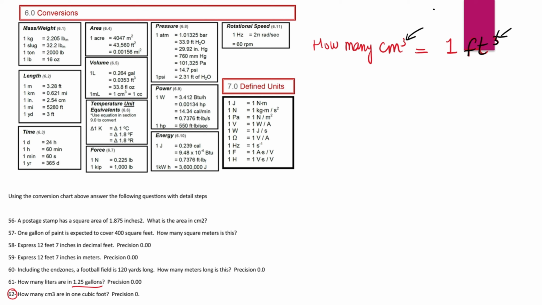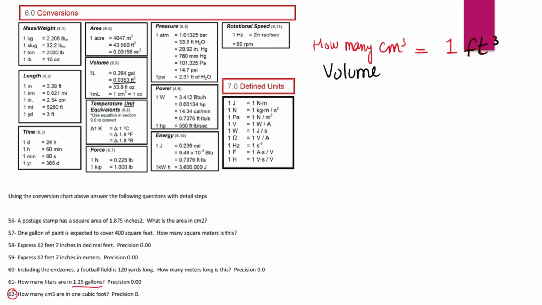We also use liters and gallons to represent volume. Now in the volume section, do we have centimeter cube or feet cube? In the volume section we have feet cube written here.